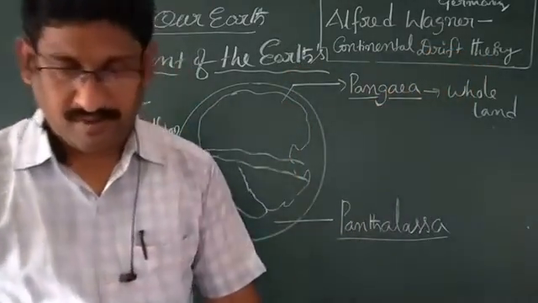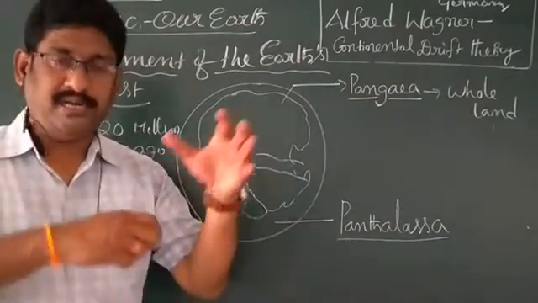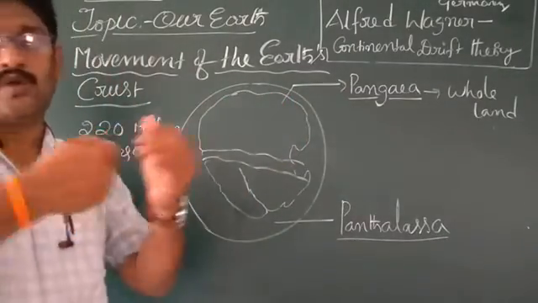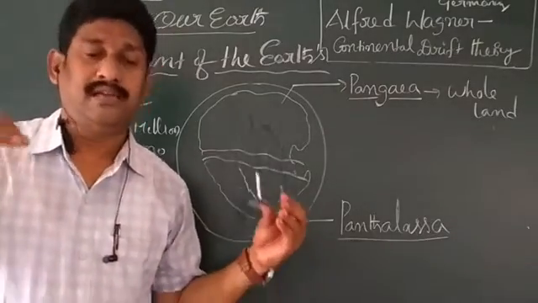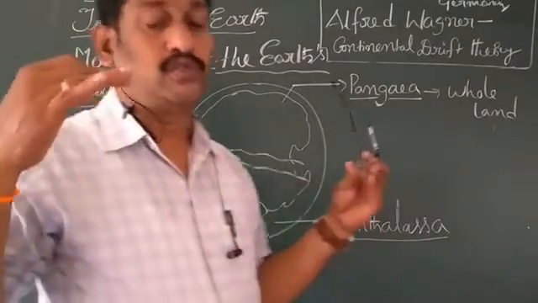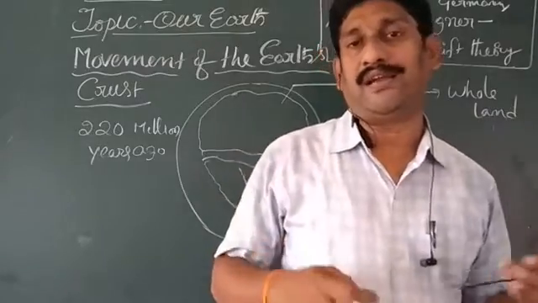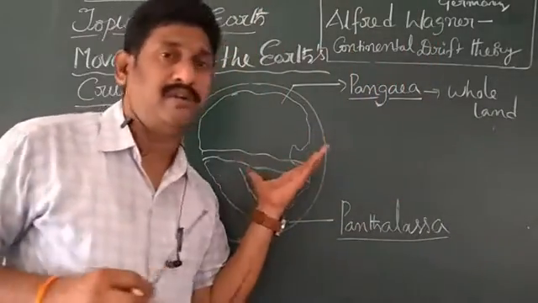Over millions of years, some continents collided with each other. Collided means nothing but hit each other, and they are still moving. Supercontinent means nothing but the whole land part of the continent.